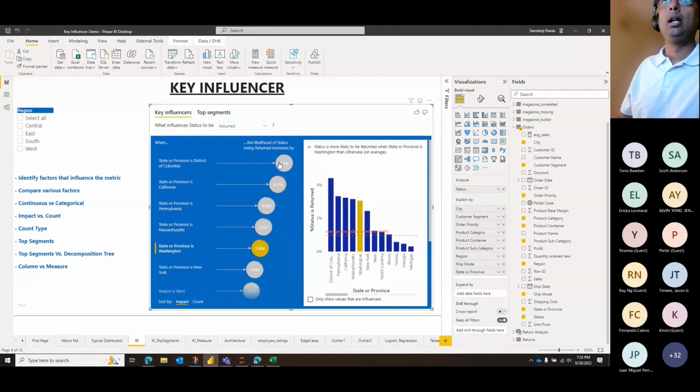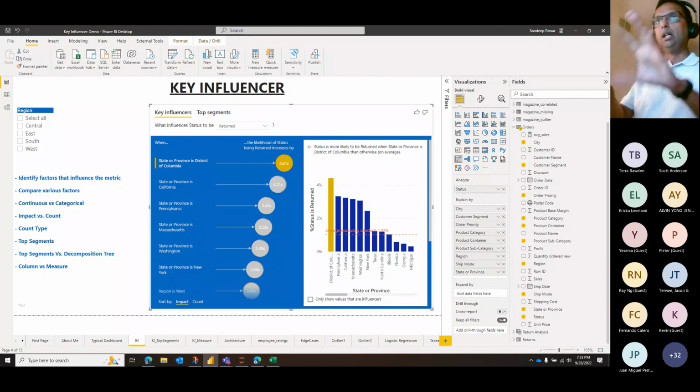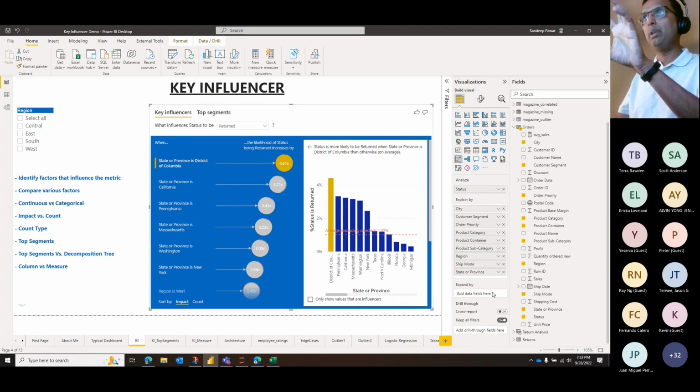So what this is saying is that when the state is DC, District of Columbia, this is an important point to keep in mind: controlling for everything else. In statistical terms, we are controlling for all the products, all the regions, everything that we have put into this explain by bucket.